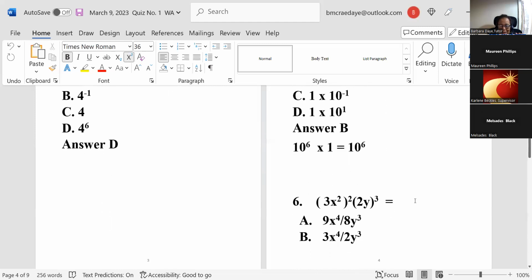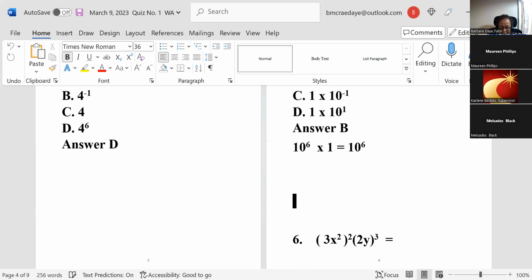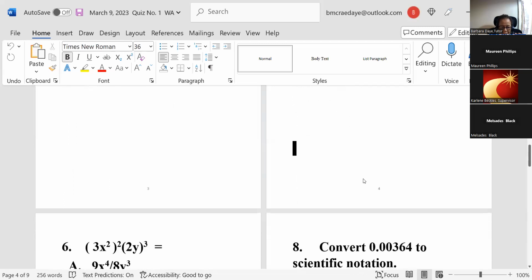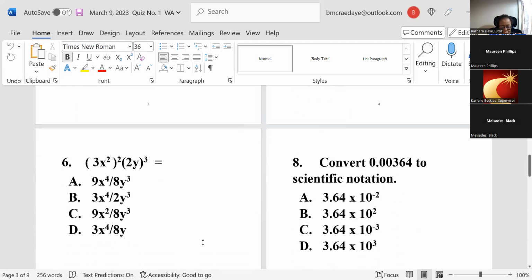Now, Maureen, we're going to number 6. I think it gave you some problems. So, Maureen, when we see this 2 outside of the 3x to the second, what do we do with that power of 2?